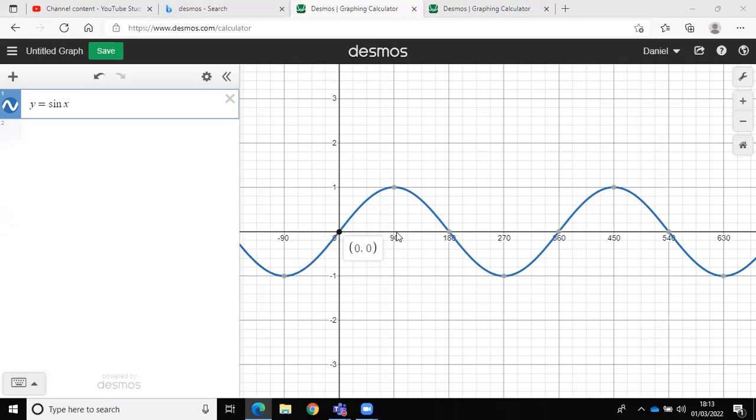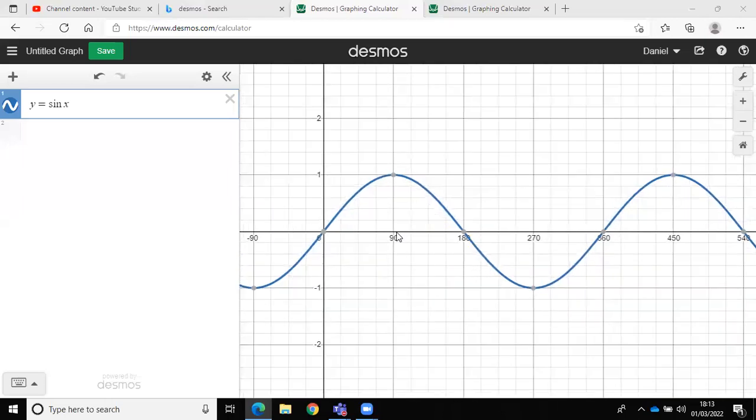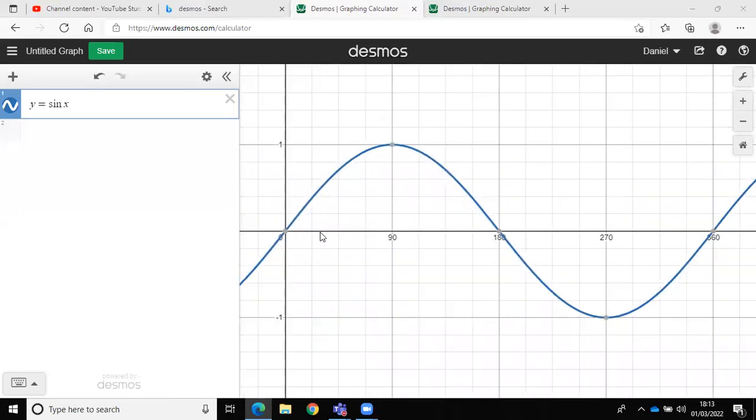So when the x is at 90, let's zoom in a wee bit, the maximum for just sine is 1, when y equals 1. You see that? So that's the coordinate. It goes to 180 and 0. At 270, it goes to a minimum.